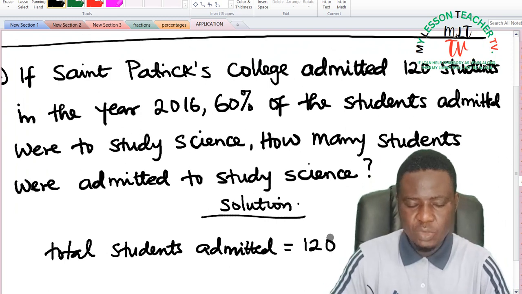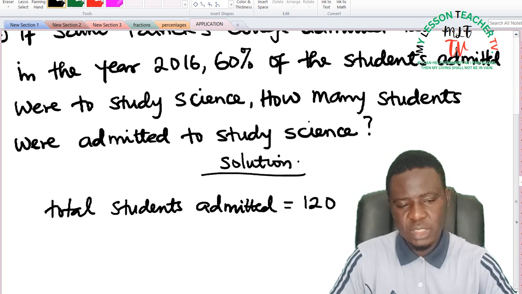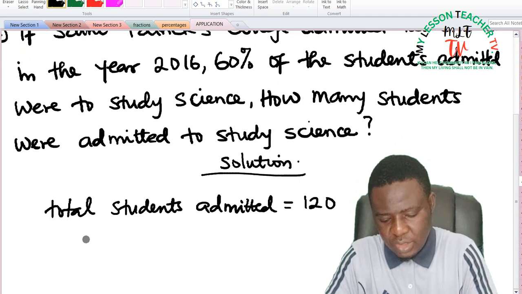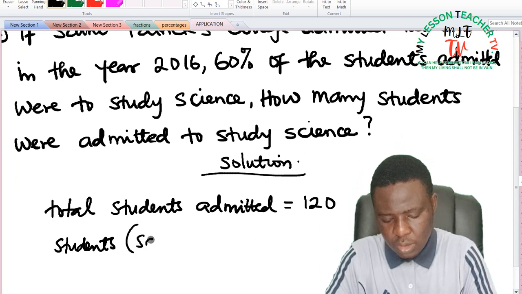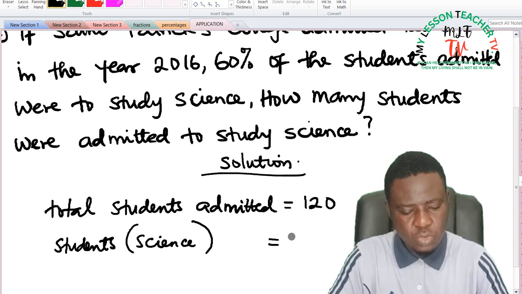That is in the year 2016. And they said 60% of the students admitted were to study science. So students to study science, that's the science students, are said to be 60%.